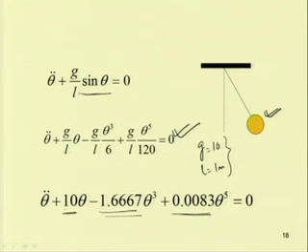So, one can conveniently neglect the theta to the power 5 term, and write the equation as theta double dot plus 10 theta minus 1.6667 theta cubed equal to 0.